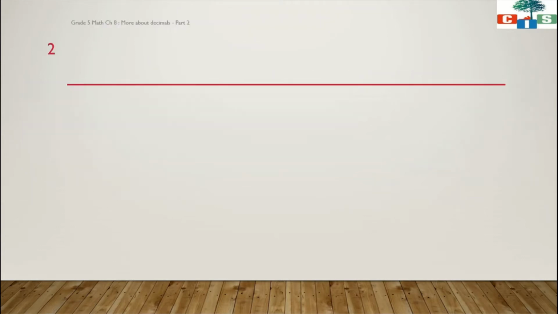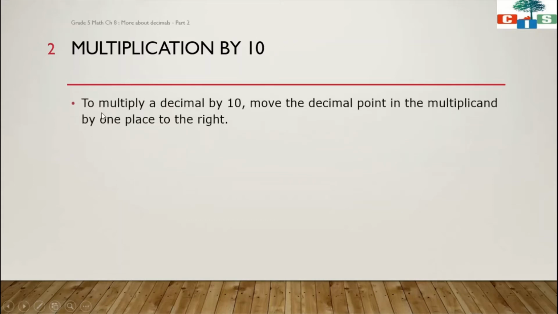Yes. So first of all, kids, we will see multiplication by 10. We will see how to multiply a decimal number when the multiplier is 10. To multiply a decimal by 10, you have to move the decimal point in the multiplicand by one place to the right.